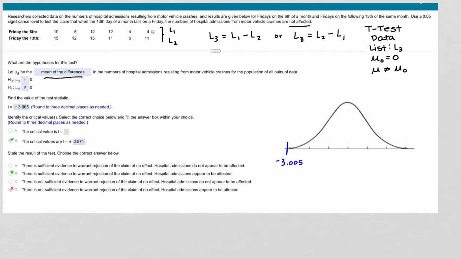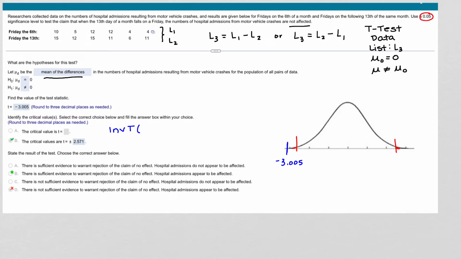And next we want to identify the critical values. So in order to do this, because this is a t-distribution, we're going to use inverse t, and it's a two-tail test. So we want to know what are the cutoff values that give us a total area of 0.05 in the tails.